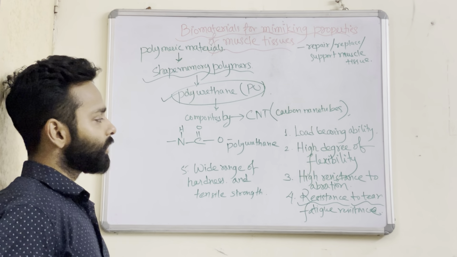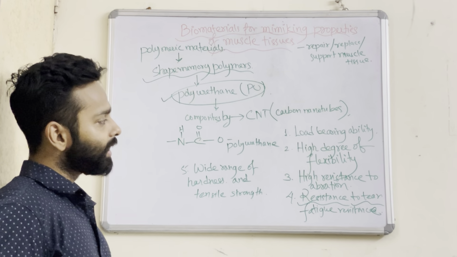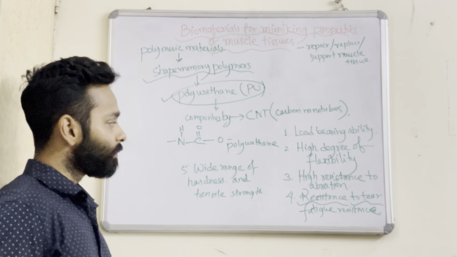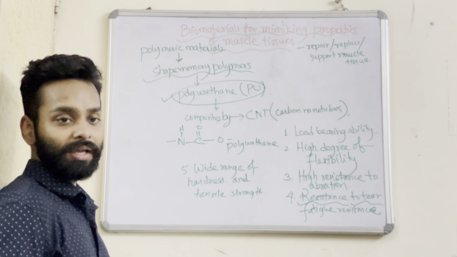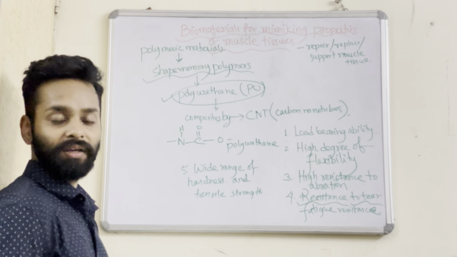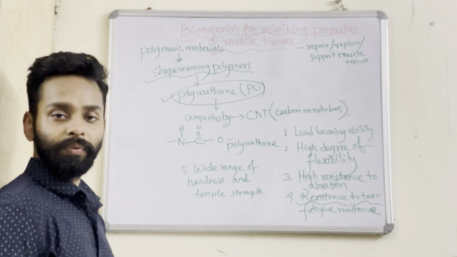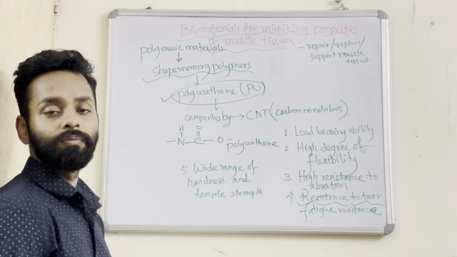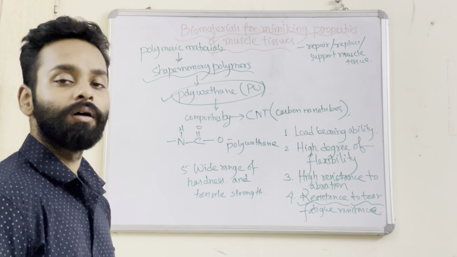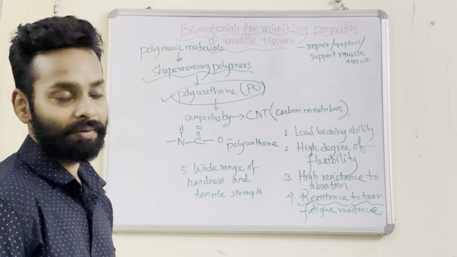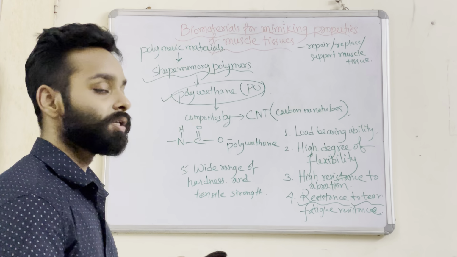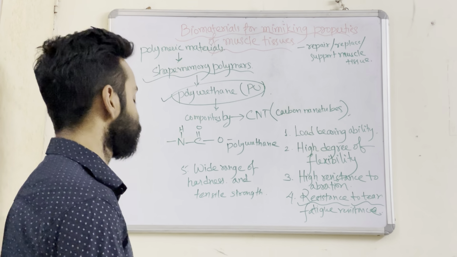All these properties can be selected for or balanced out while making these composite materials. While adding the composites, we can tune the properties and find an effective balance between them, which will make our material very suitable as an alternative repair or replacement medium for damaged muscle tissue which needs to be altered or supported.